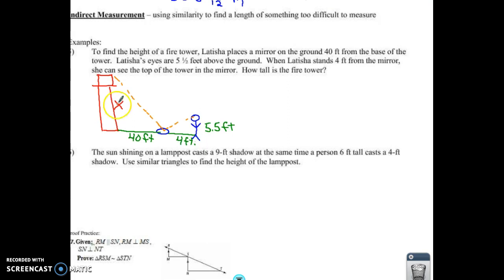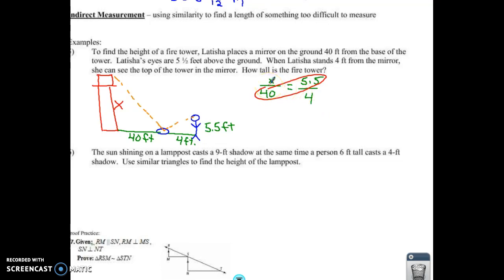And I'm going to do big vertical to the big horizontal, like that, and that's going to equal the small vertical to the horizontal, 5.5 over 4. All right, great. I can cross multiply these, and then divide by 4.